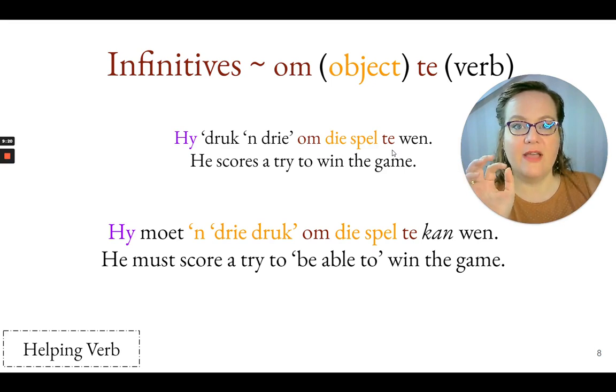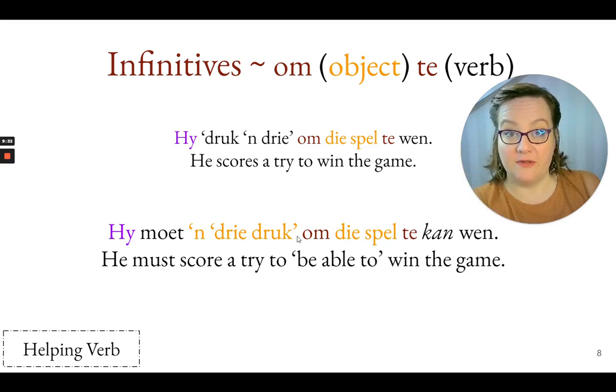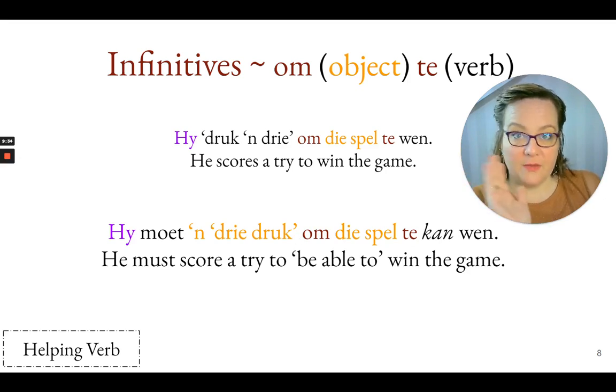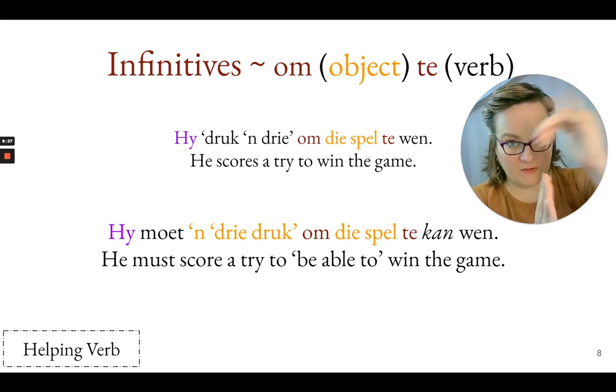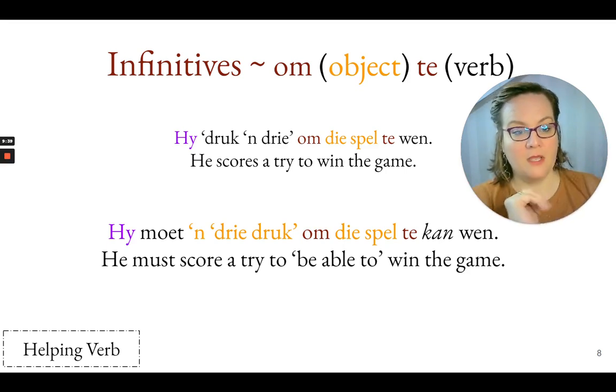Okay, so now let's add a helping verb to the infinitive's end of the sentence. So here you can say, hy moet 'n 3 druk. Sure, that's a stompie sentence with your helping verb. Hy moet 'n 3 druk. But the infinitive gives the reason for whatever happened before, om die spel te kan wen.